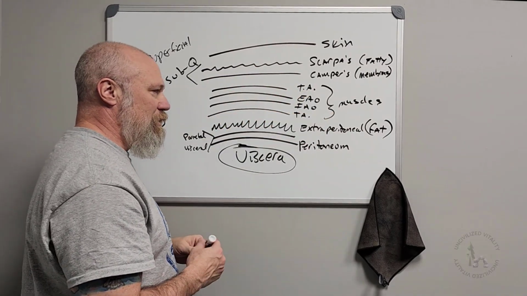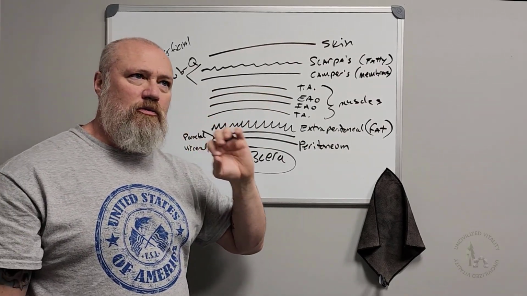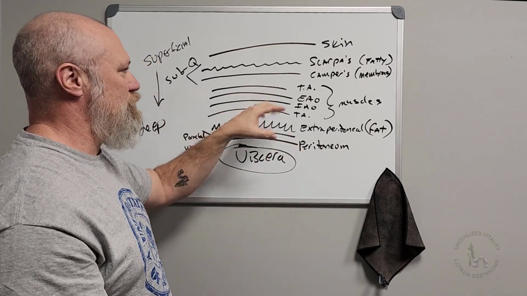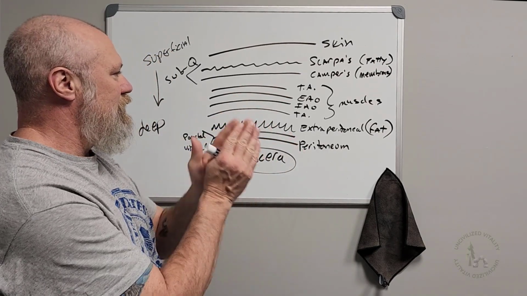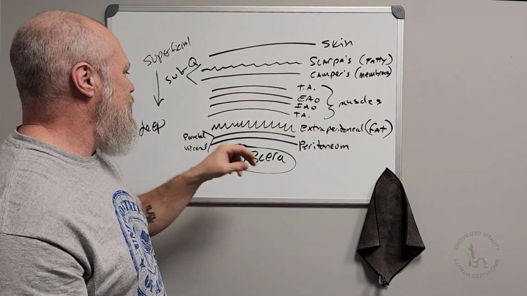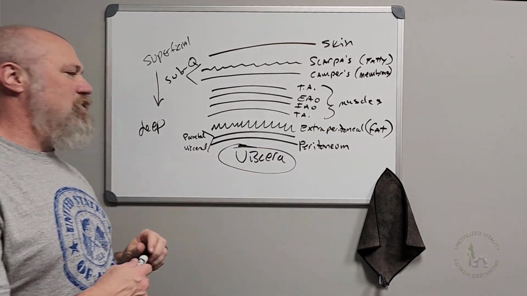Don't forget, each muscle has corresponding superficial and deep muscular fascia. Okay, so there's fascial layers between that to surround and bind the muscles so that they can slide on each other. Then you're going to find an extraperitoneal layer. It's kind of fatty. The double-walled serous membrane called the peritoneum. Then you're going to get down to the viscera.